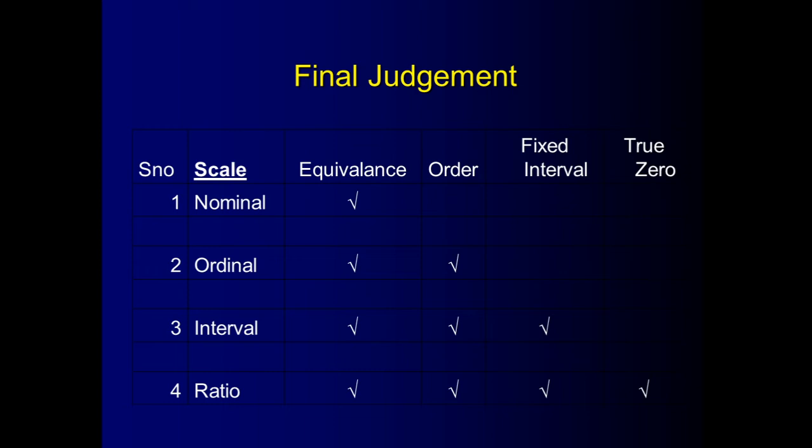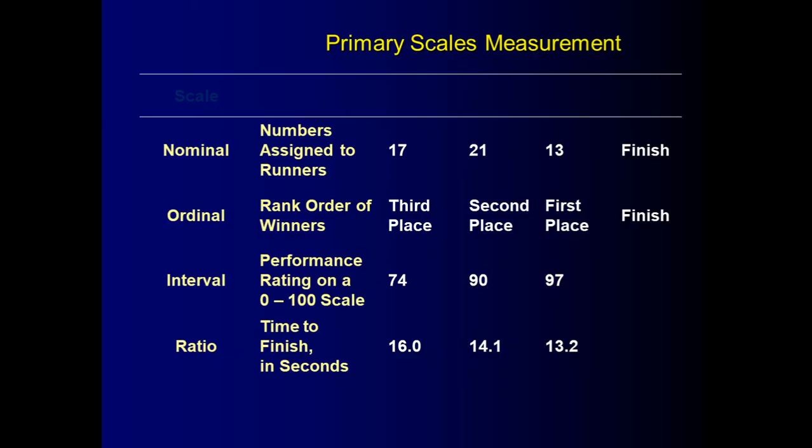So what we'll do now, we'll slowly get into the next point and then summarize each of them again. The four levels of measurement are also called primary scales. Let's not worry about that heading. The first one is nominal.